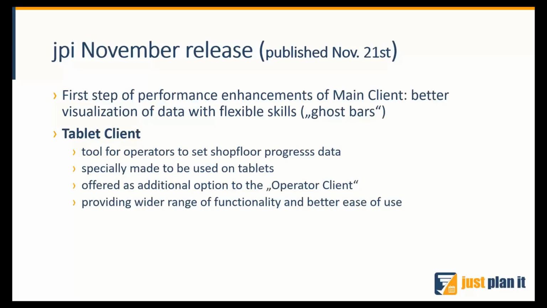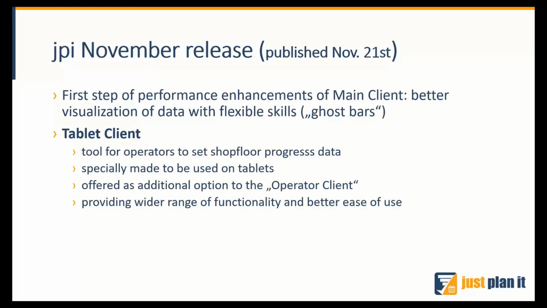And what we did is decrease the amount of data shown with the ghost bars. The ghost bars are those bars that we draw when you have people with lots of skills visualized in different resource groups. These ghost bars, which we also call shadow bars now, contain less information.